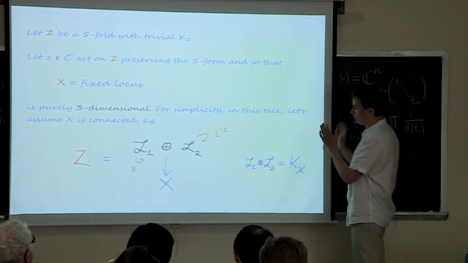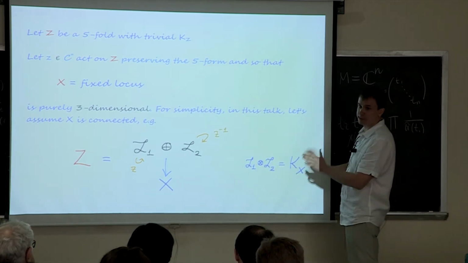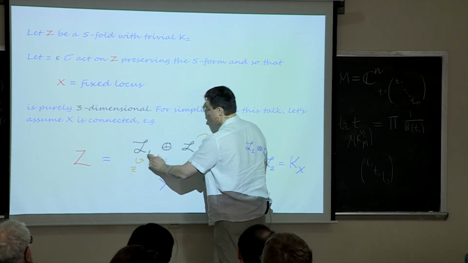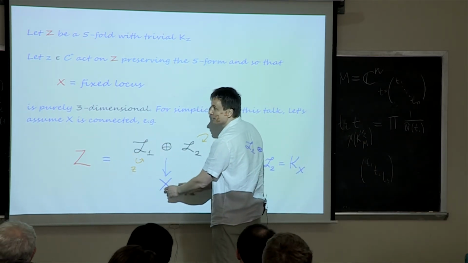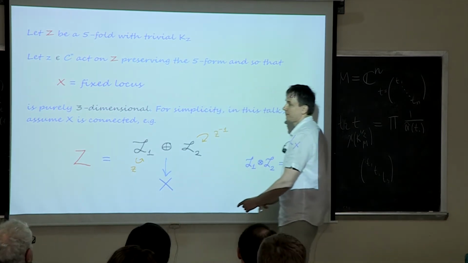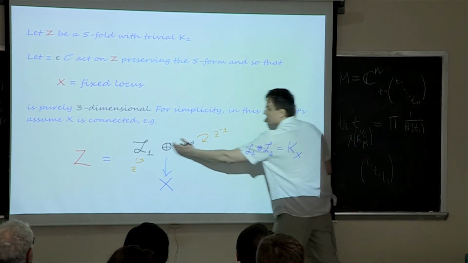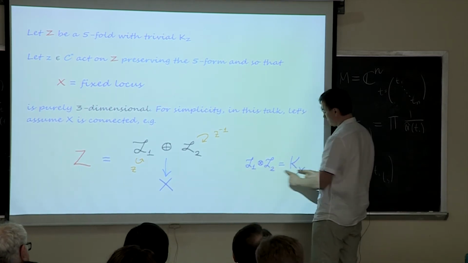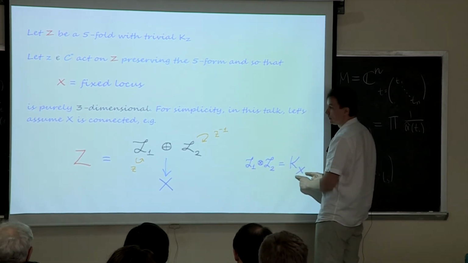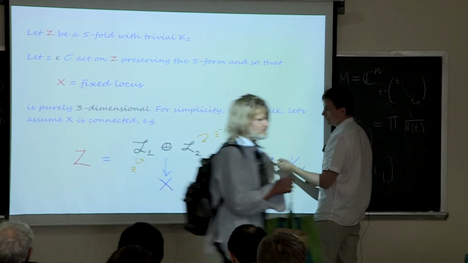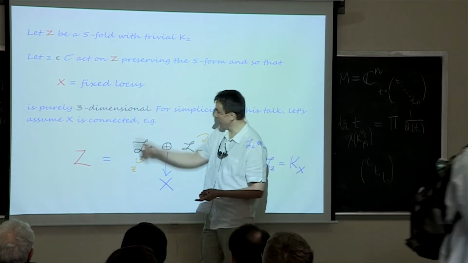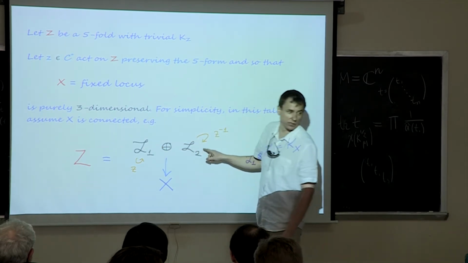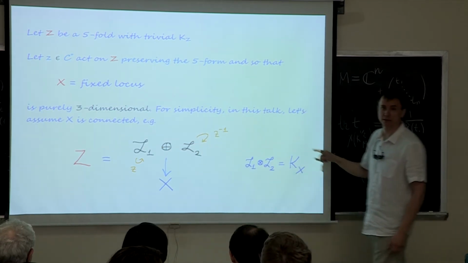And so for the purpose of this talk, it's enough to consider the following simplest possible instance, when your Z is a total space of 2 line bundles over X. For this to be K-trivial, it has to be the case that these 2 line bundles multiply to the canonical. And then the way I want my multiplicative group to act, it will just scale L1 with weight Z and scale L2 with weight Z inverse.